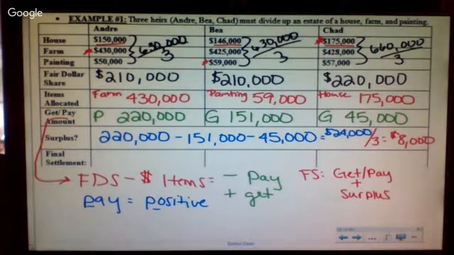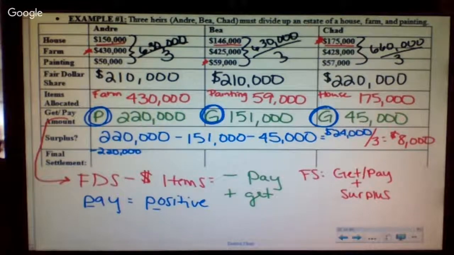Now, be cautious. The biggest thing is remembering whether they're paying or whether they're getting. If you are paying money to somebody, you are losing it, so it would go in as a negative. To do your final settlement, because we're paying, your 220 goes in as a negative.